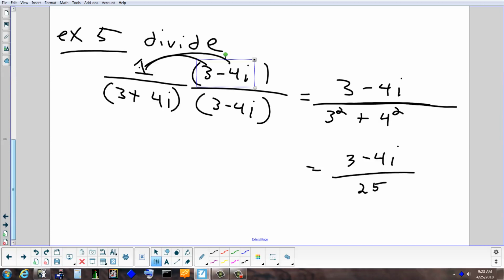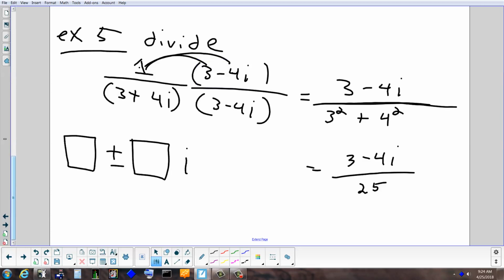25. Now, we're pretty much done, except that's not standard form. Standard form is when you have a real number plus or minus an imaginary number. The real part and the imaginary part are separate. They don't have a denominator like that.